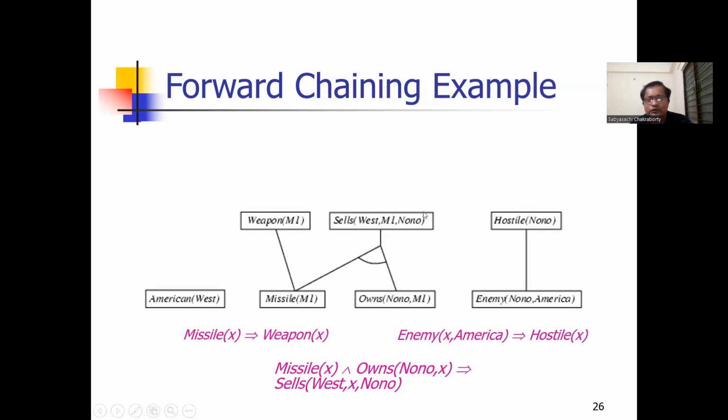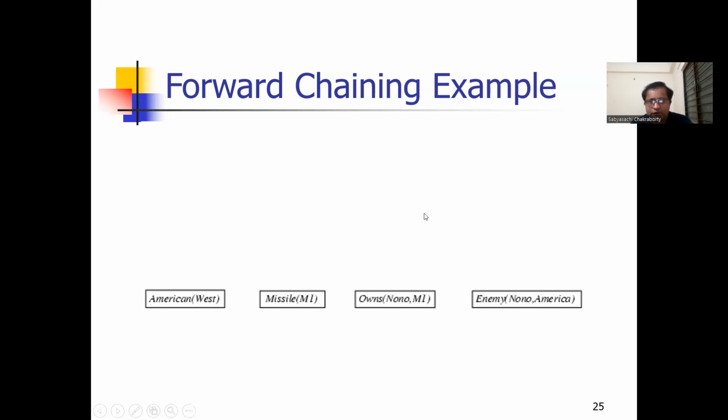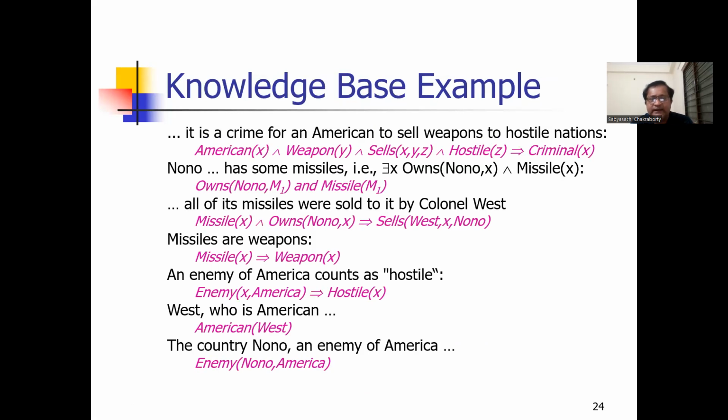West sells M1 to Nono, because it has already been declared that whatever missiles are sold, they are being purchased from West. The West sold all the missiles. All its missiles were sold to it by Colonel West. Missile X and Nono owns X.